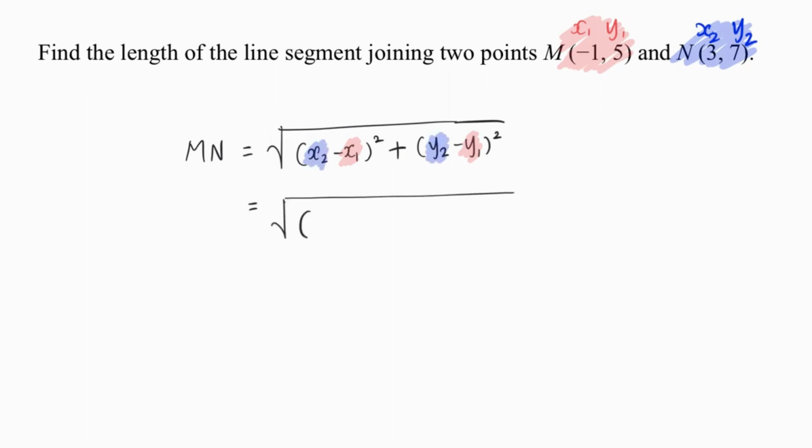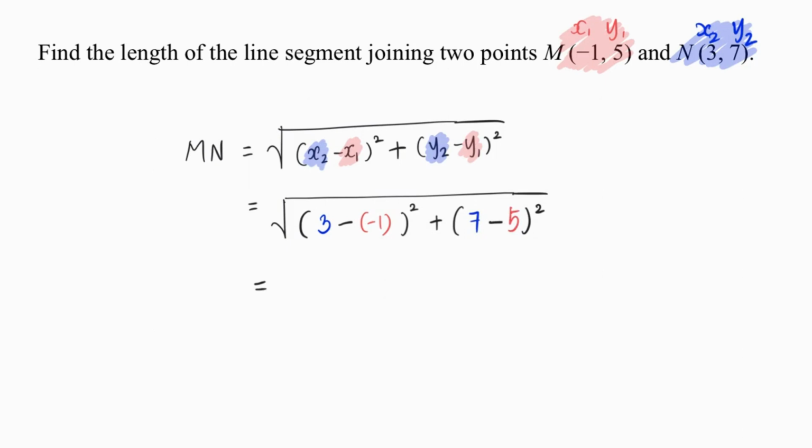So it will be 3 minus, if it is negative, I will have to put a bracket, squared, plus 7 minus 5.